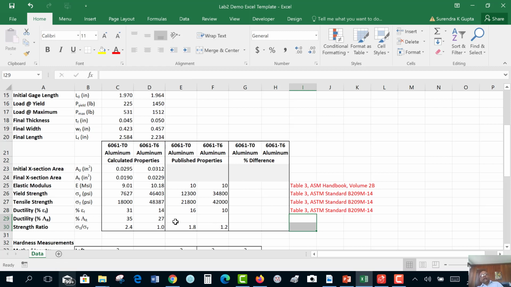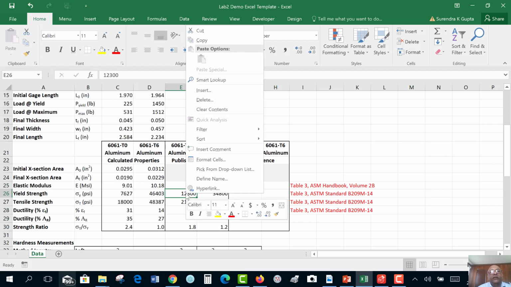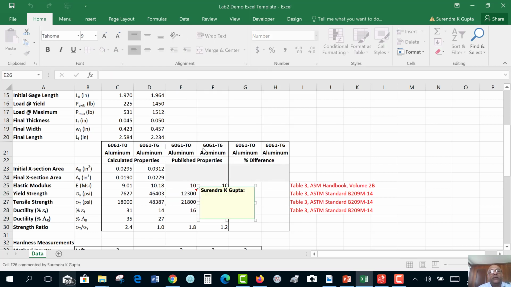Okay, now I want to mention again that these were the maximum values, right? So let's put a comment on it.